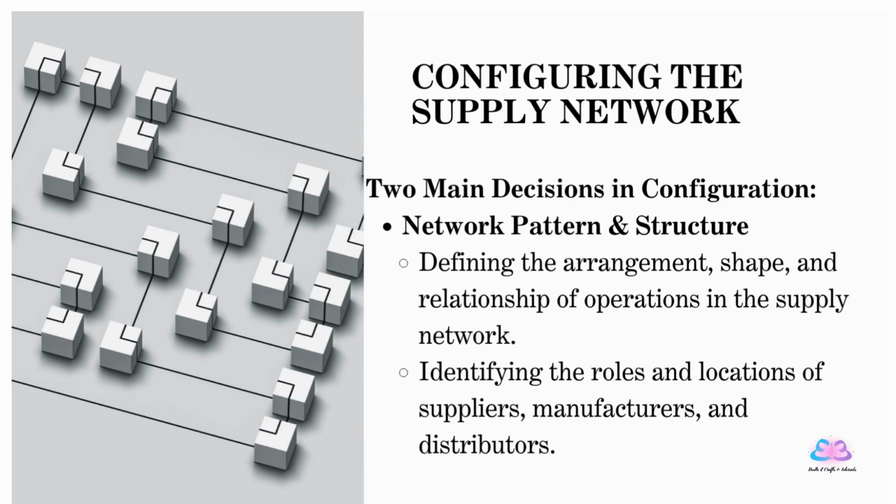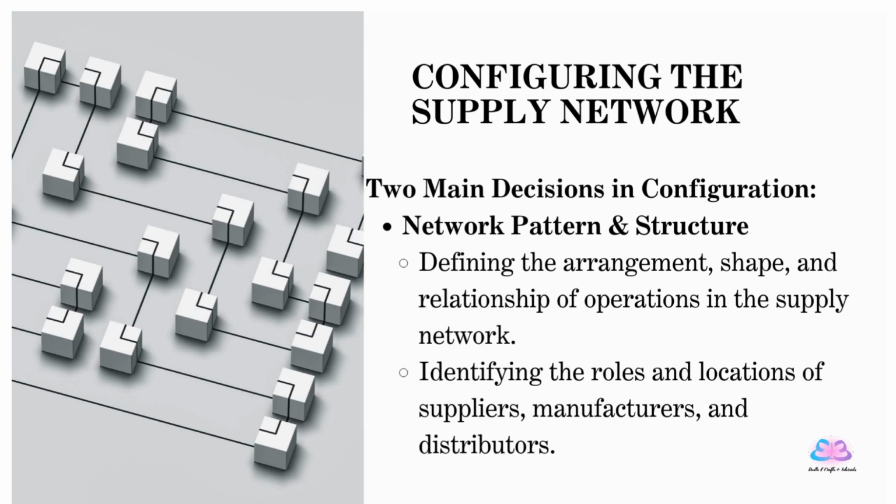This refers to the overall design of the supply network. It involves defining the arrangement, shape, and relationship of operations within the network. This includes how different entities, such as suppliers, manufacturers, and distributors, are interconnected. A well-structured network ensures smooth material flow, reduces inefficiencies, and enhances responsiveness to market demands.